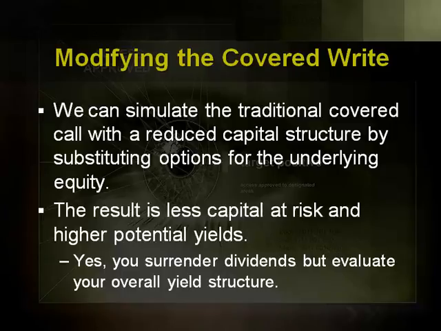Well, we're going to give up our dividends. So you can factor the dividends into the overall yield structure. And sometimes you're going to say, you know what, I want to own the underlying equity. And that's fine. This is going to be another approach that may make some sense under differing circumstances, though.